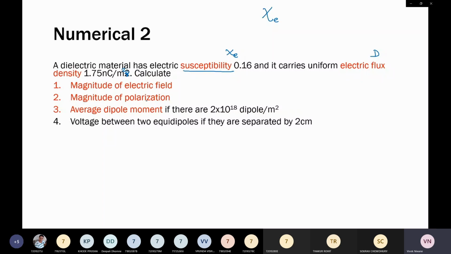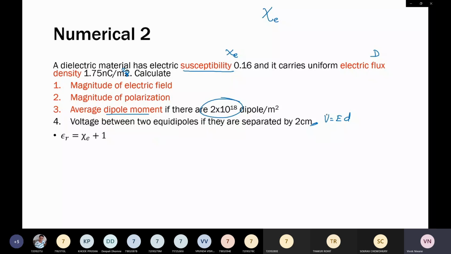Find the magnitude of polarization. Okay, polarization talks about epsilon r, epsilon 0 and E. Average dipole moment, the formula is with you, if there are 2 into 10 raised to 18 dipoles per meter cube. So this is a huge number. And find the voltage between two equipotentials if they are separated by 2 centimeter, the formula which talks about voltage.